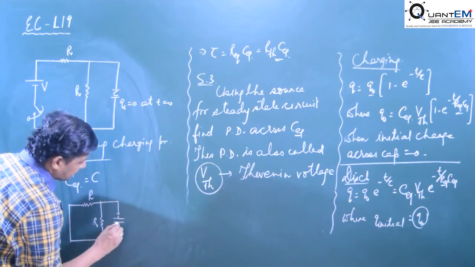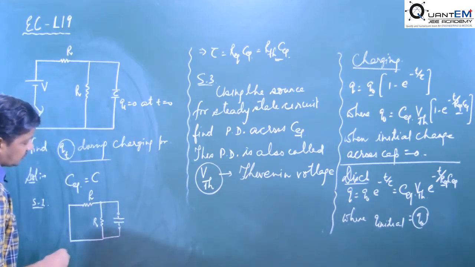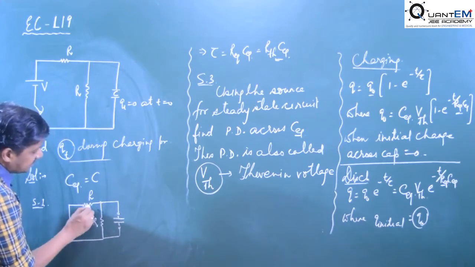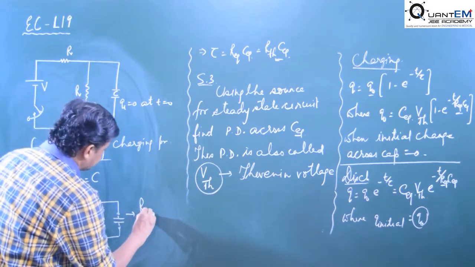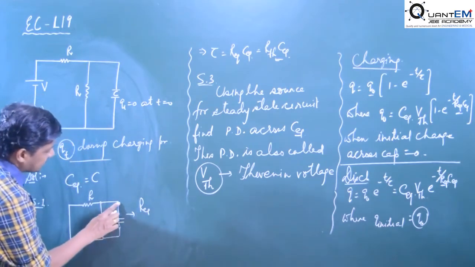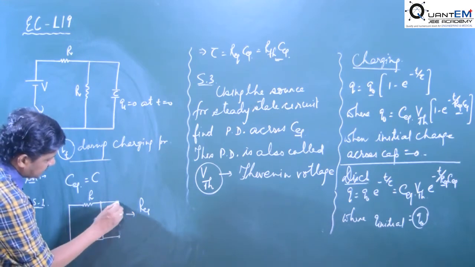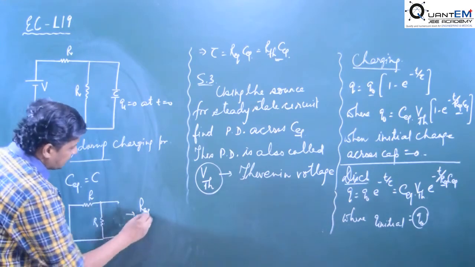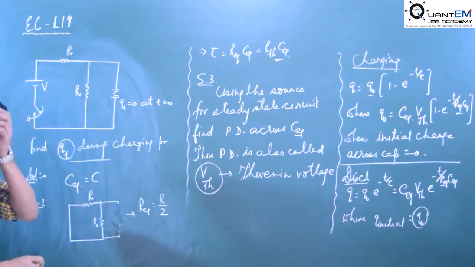So these are the terminals of the capacitor. About this gap we have to find the equivalent resistance. Now see, these resistors are in parallel, so R equivalent is R by 2. So we get the value of R equivalent.